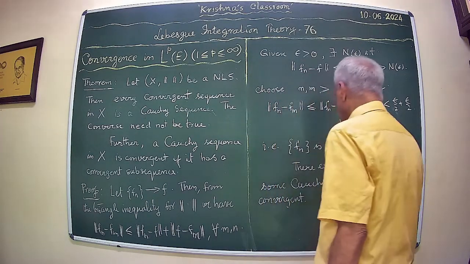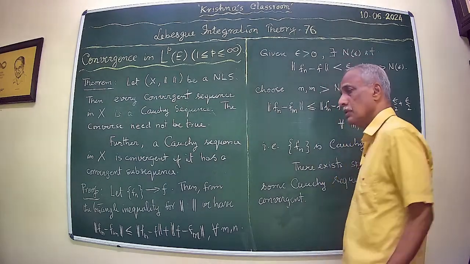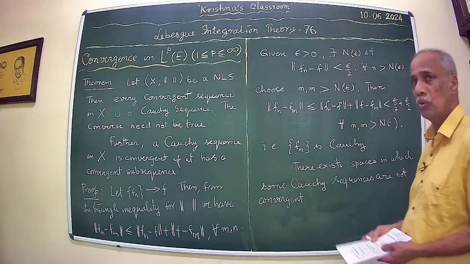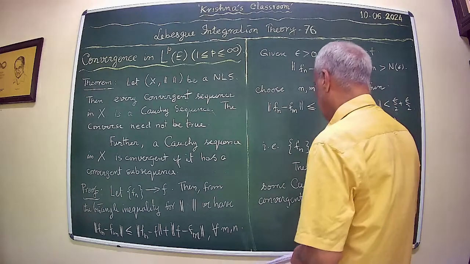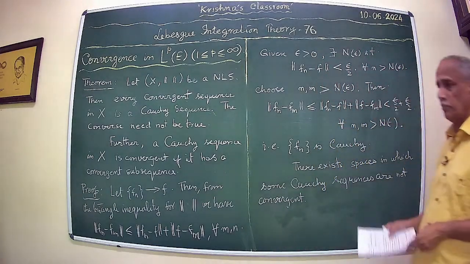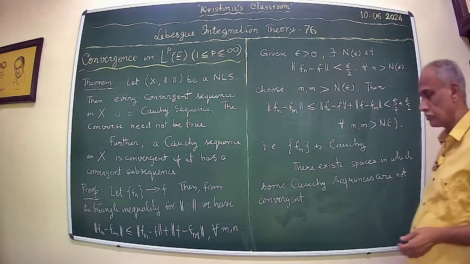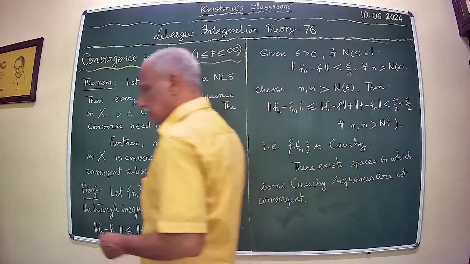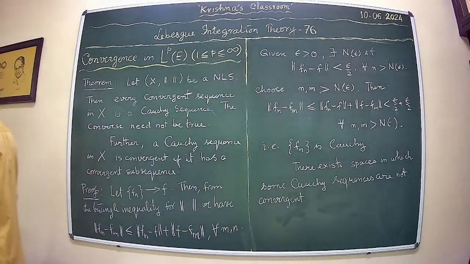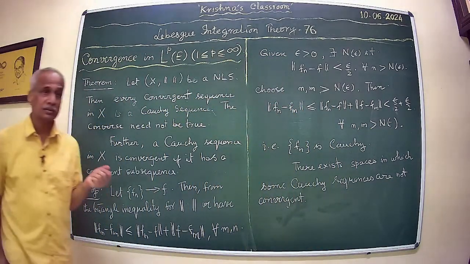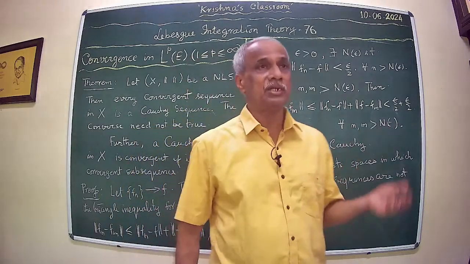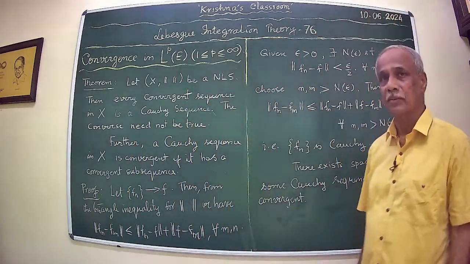For example, if you take Q with the usual metric or usual norm, there are Cauchy sequences. There are sequences of rational numbers which eventually do not converge to a rational number.